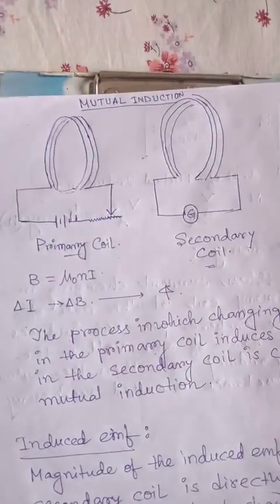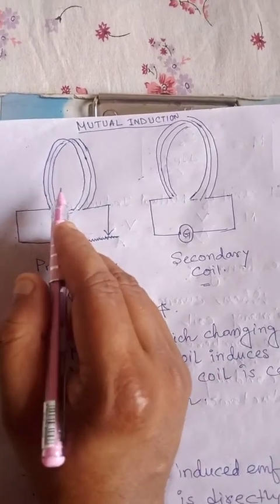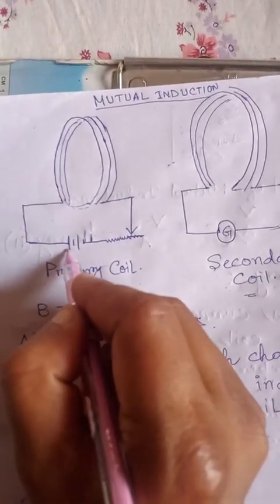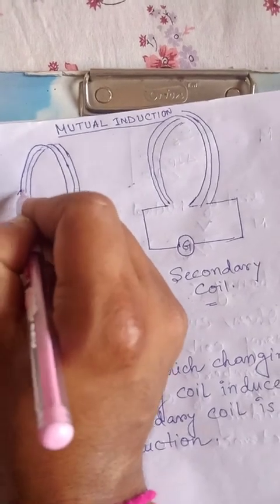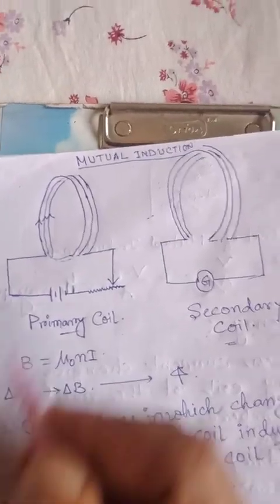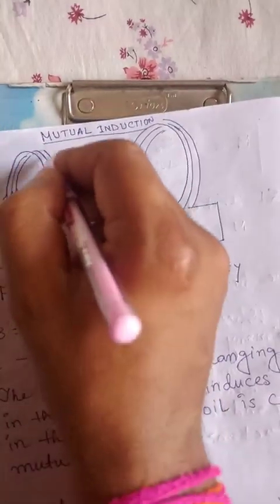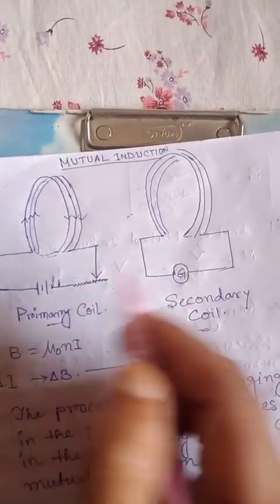Clear? Now if we connect a battery with this primary coil, the first coil, some current flows. As we connect this battery with the positive terminal at that end, the current flows in that direction, downward in that part of the coil, and reaches that point.